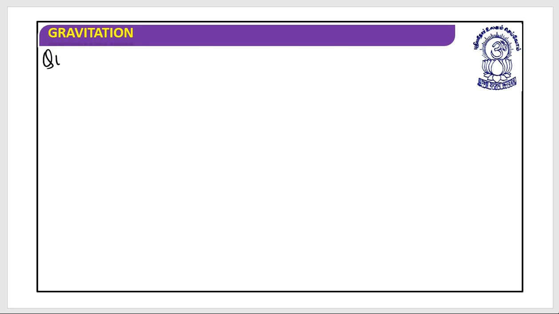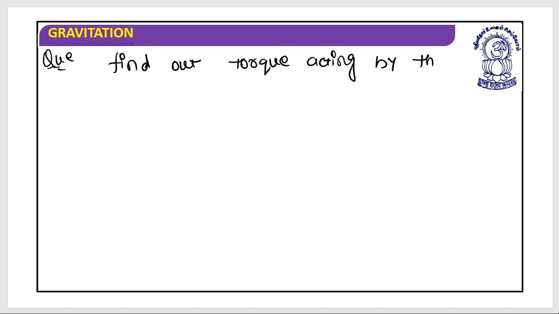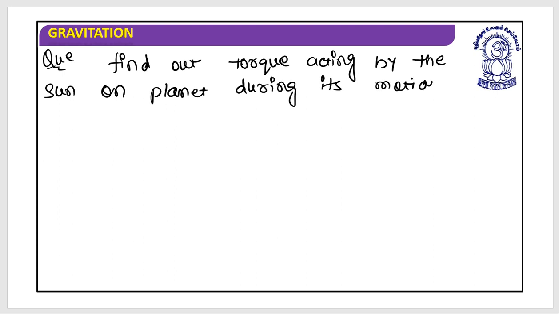The next question is: find out the torque acting by the sun on the planet during its motion in an elliptical orbit.